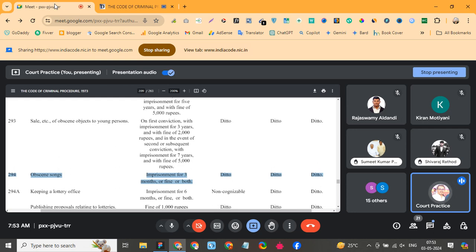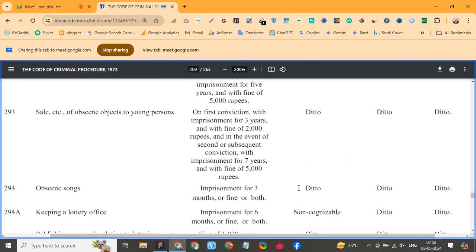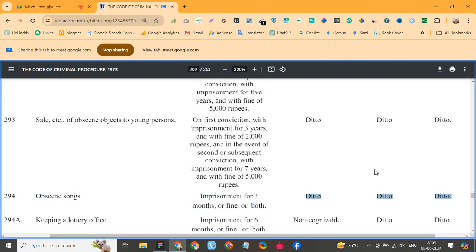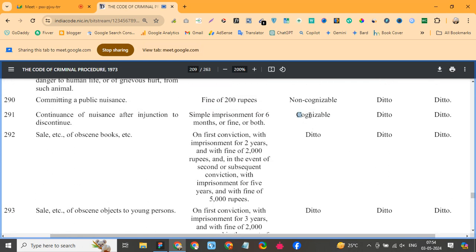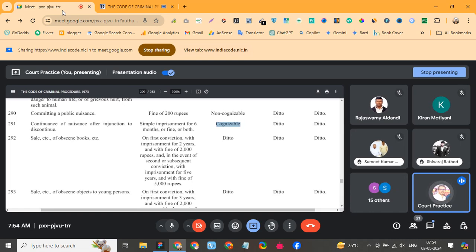And if ditto is written over there, means whatever the scenario of above part is, that is it over there, means it is cognizable in nature. That means some serious kind of offense is there. FIR should be registered, or whatever the police wala can start with the investigation without permission of the court, or arrest any person without permission of the court.